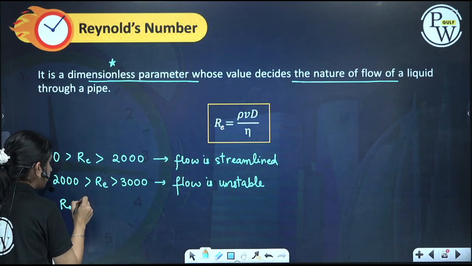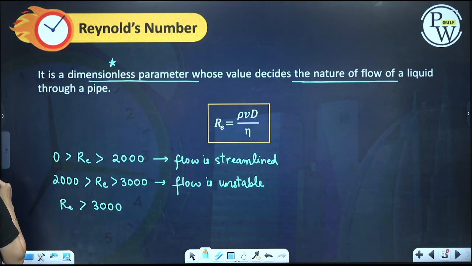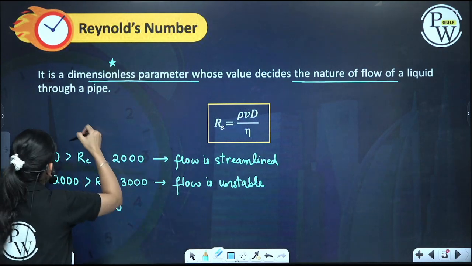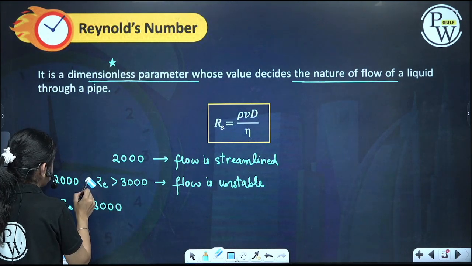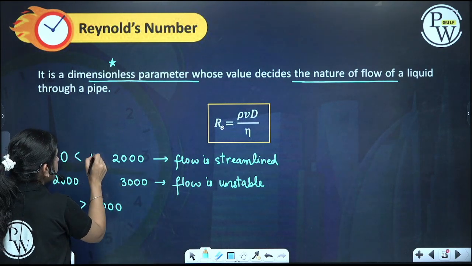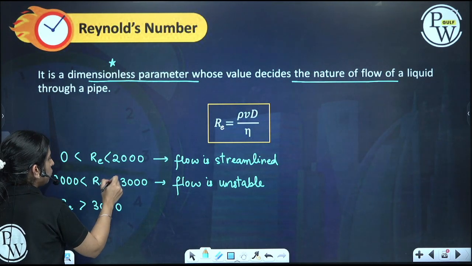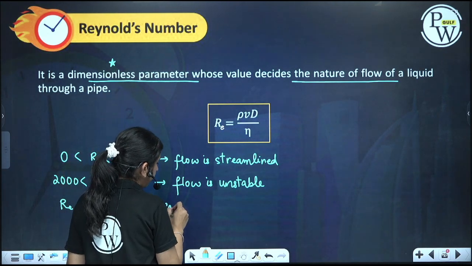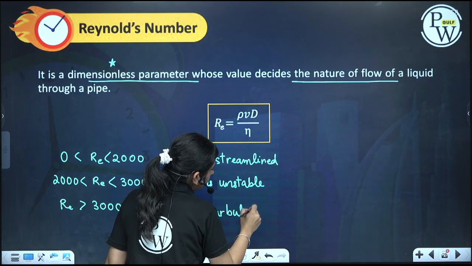If the Reynolds number is greater than 3000, then the flow is turbulent.